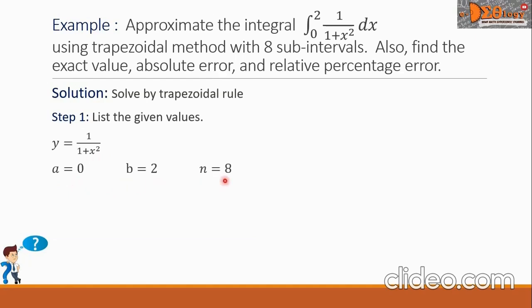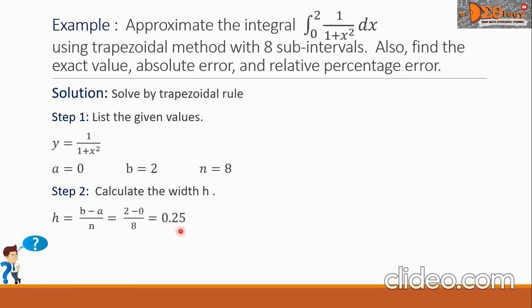The n equals 8. Step 2, calculate the width h. Our formula is b minus a all over n. Substituting the values, we have 2 minus 0 all over 8. We simplify this into 0.25.